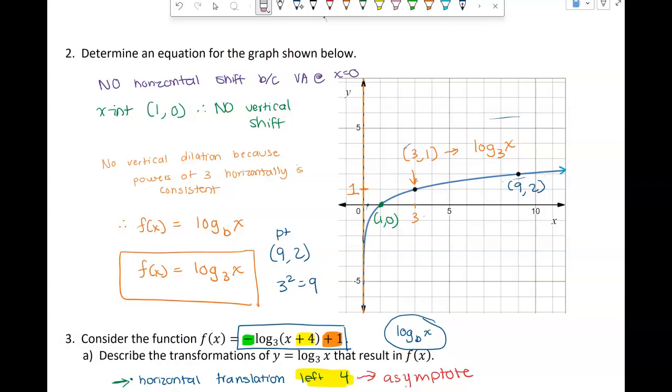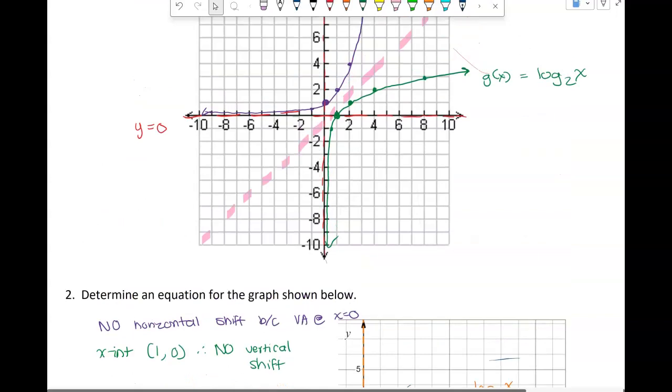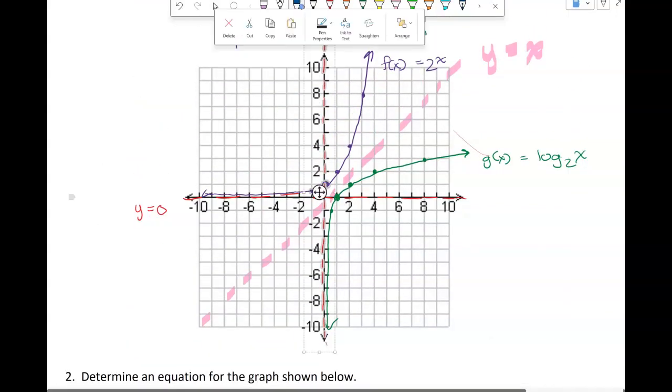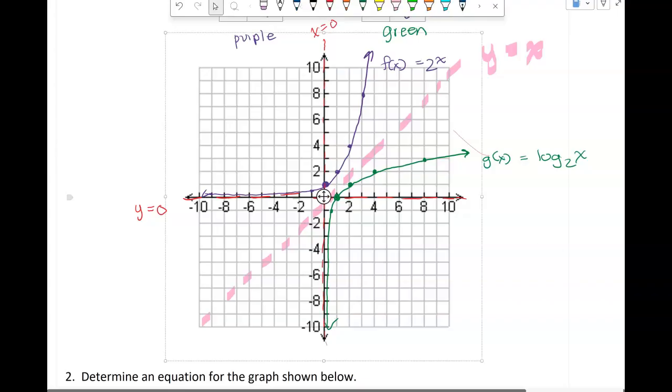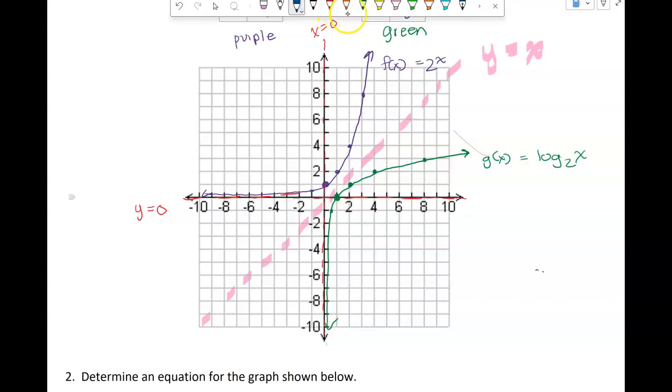Okay, what about a vertical dilation? Well, vertical dilation, if you think back to an exponential graph, if I were to dilate this, I would still have my y-intercept at (0, 1) here, but it would just look something like this, where it will just be lower or go higher or go further away.